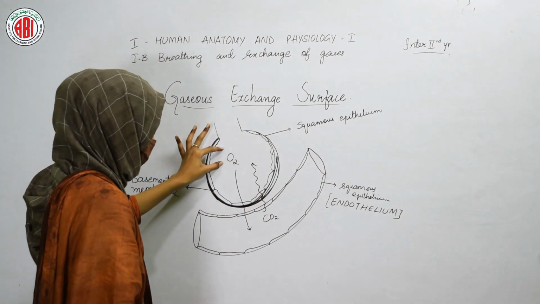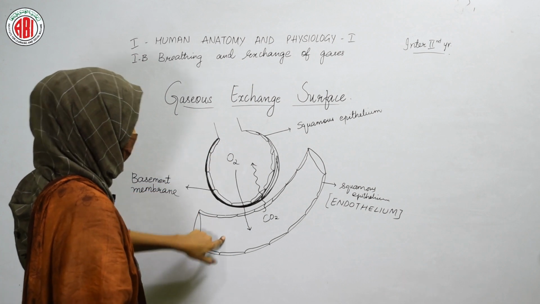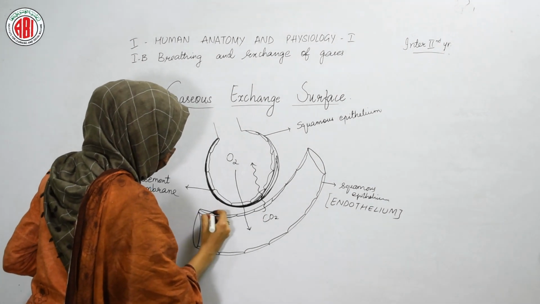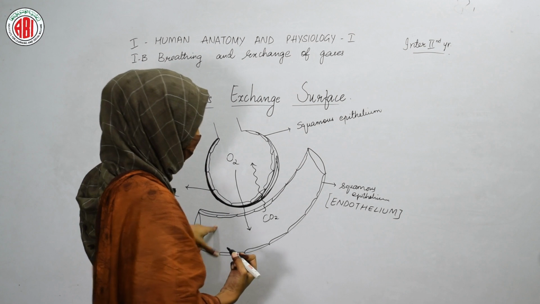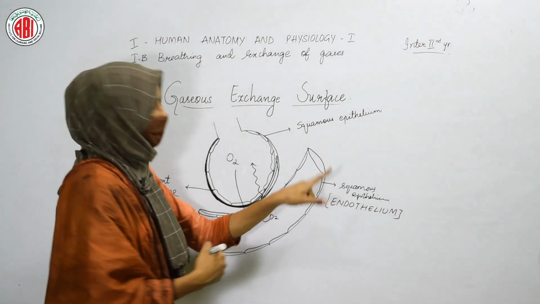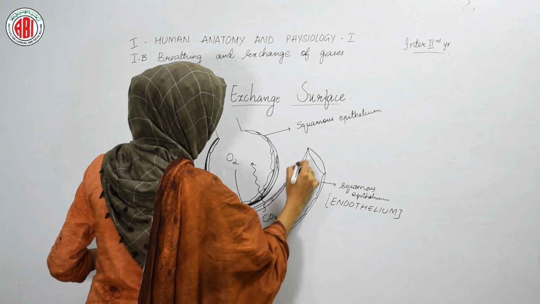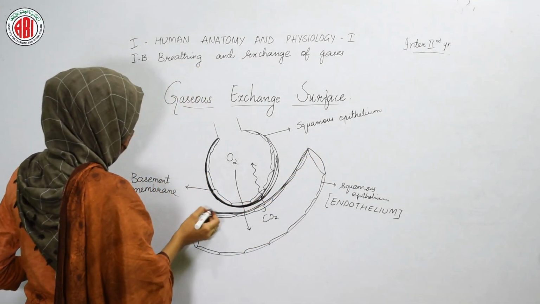The oxygen is present in the alveoli, it needs to enter into the blood capillaries. So, the exchange of gases takes place through three surfaces. And one more point, at the walls of the blood capillaries endothelium is present. This endothelium is covered by a membrane, and again this membrane is termed basement membrane only.